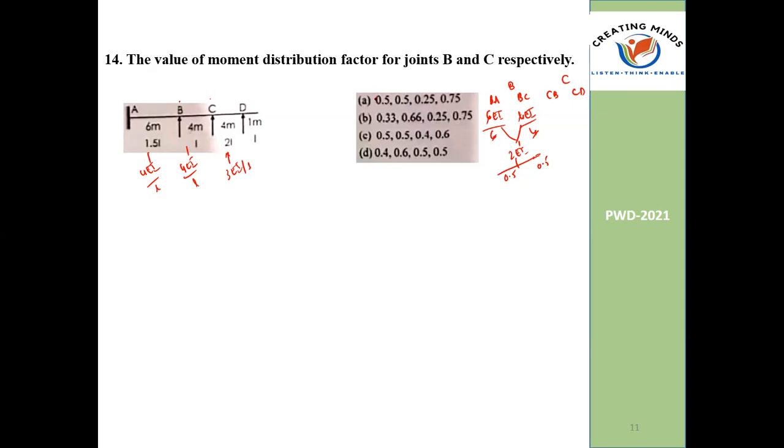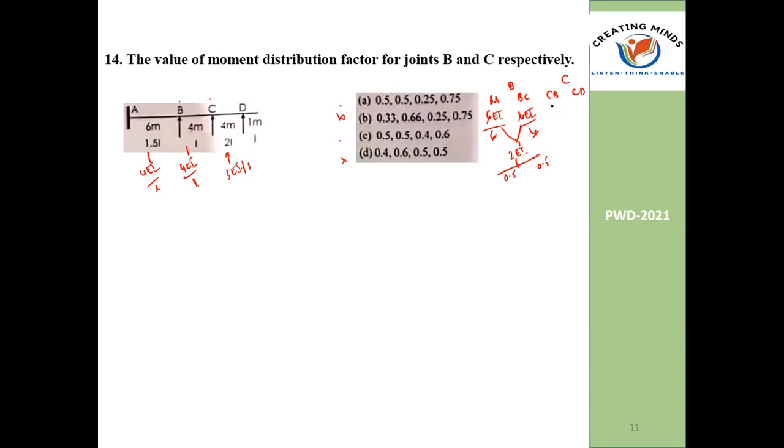If you observe the answers, there are two options that we can eliminate, because for the first two members BA and BC, it is 0.5 and 0.5. So these two answers are eliminated. The remaining answers are A and B. So we have to find CB.